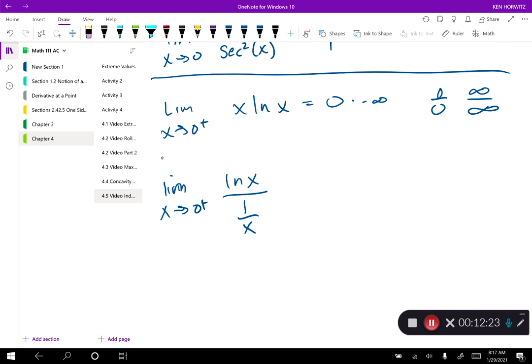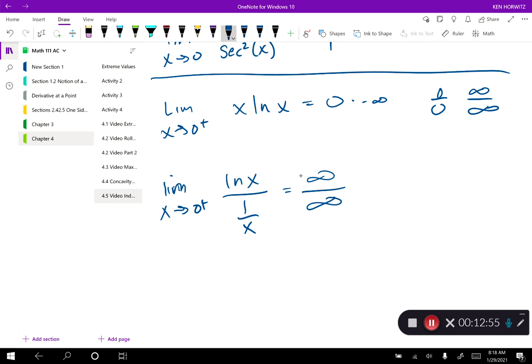The answer is yes, because if I'm dividing by 1 over x, I'm multiplying times x. Now when you plug in 0, you get infinity over infinity. And that is the ideal indeterminate form to get.